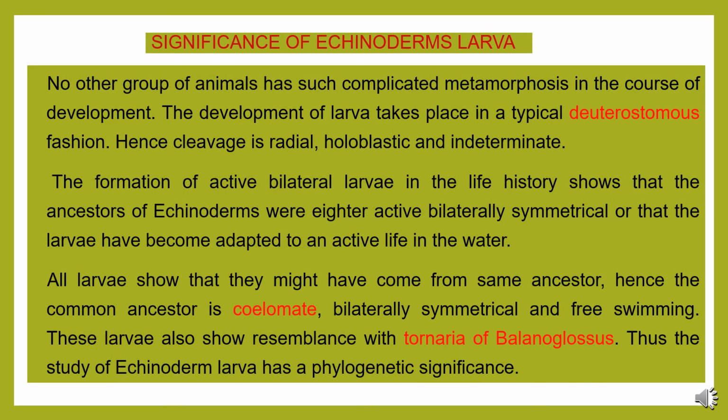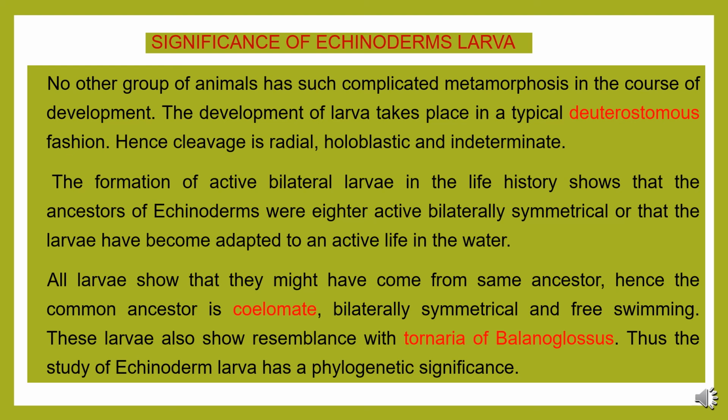Let us discuss the significance of echinoderm larvae. No other group of animals has such complicated metamorphosis in the course of development. The development of the larva takes place in a typical deuterostomous fashion, hence cleavage is radial, holoblastic, and indeterminate.